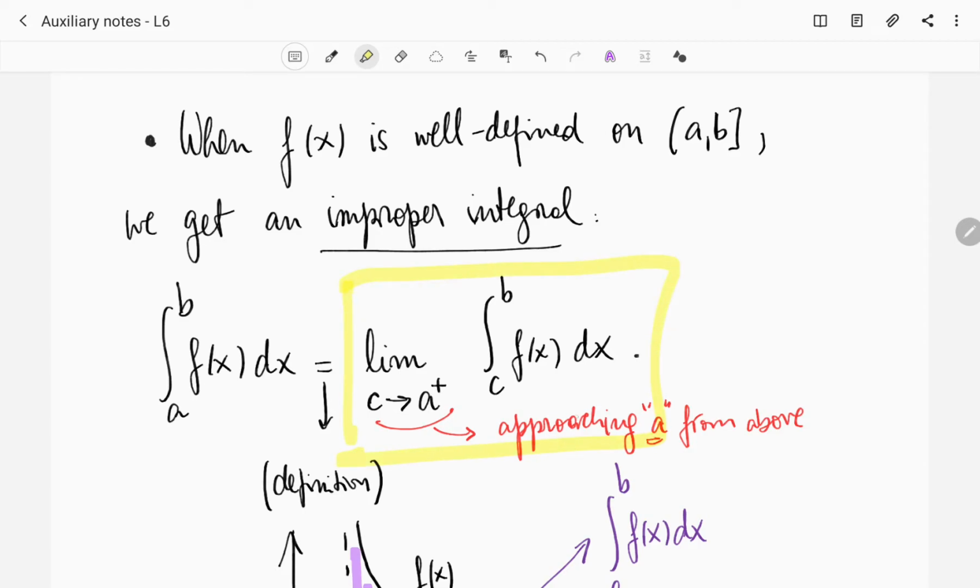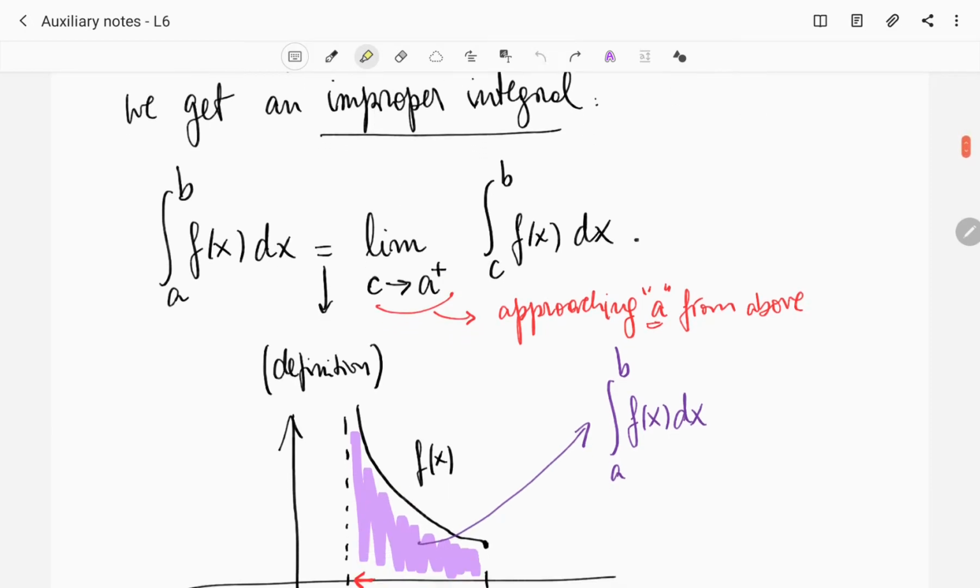So we know that for every c strictly greater than a, f is well defined. So we can compute this piece of integral between any c and b, and then to get this value, this notation, this is the definition, we just take the limit of c approaching a from above.